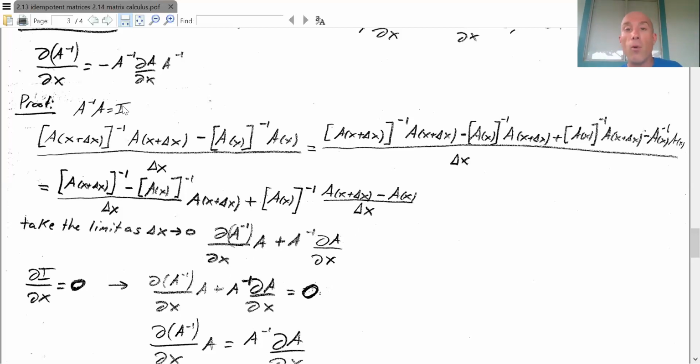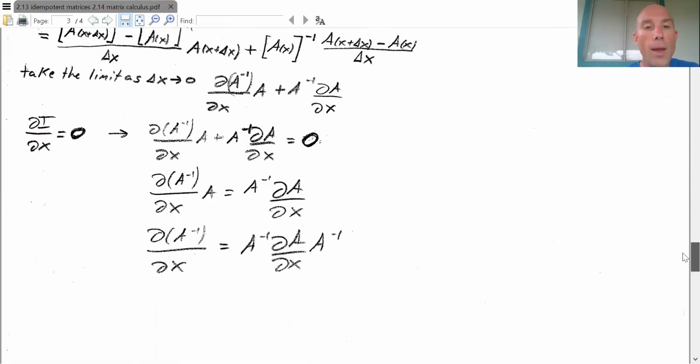But we're dealing with matrices. Does it change? Well, I get the 0 matrix instead. So I know here on the left-hand side, I get this item. On the right-hand side, when I take the derivative, I get 0. So this has to be equal to the 0 matrix.